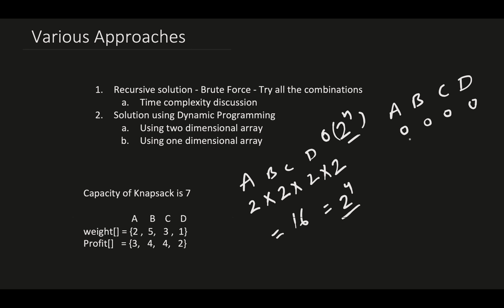So we are not taking any of these four items, and then we'll go 0 0 0 1, so we are only taking D. In this way we will reach 1 1 1 1, that is we are taking all these items. If we count these numbers, they are again 16 numbers. So this is another way of analyzing the total number of combinations. Now we will discuss this solution in more detail.